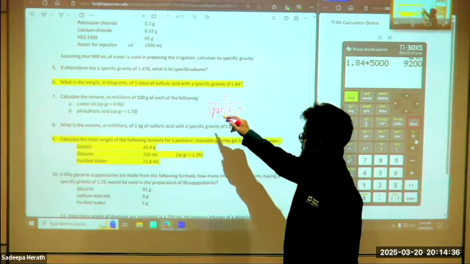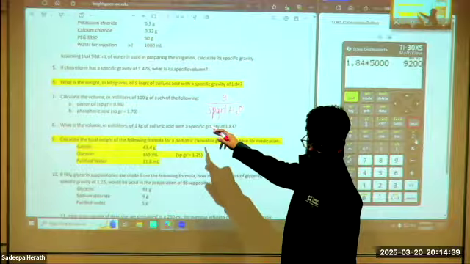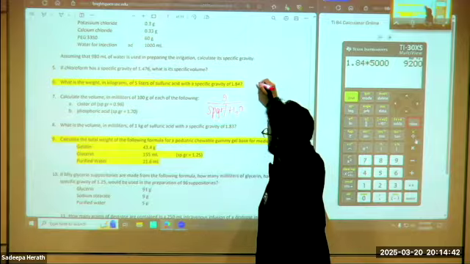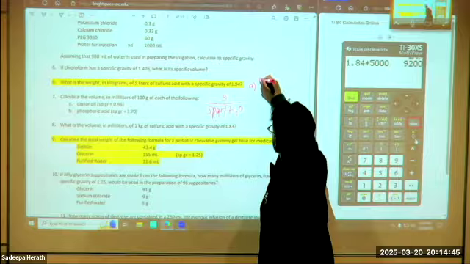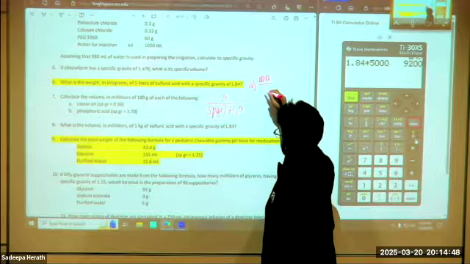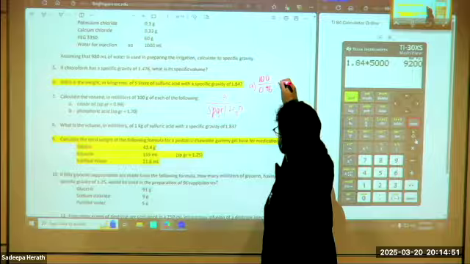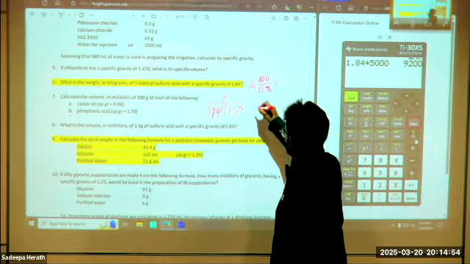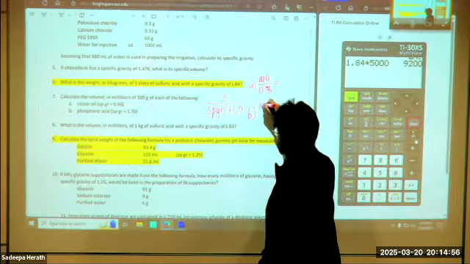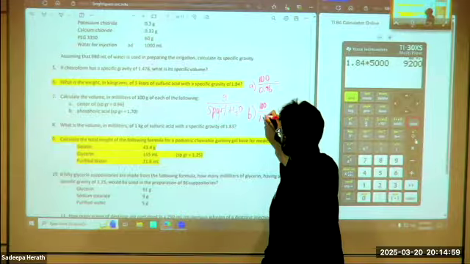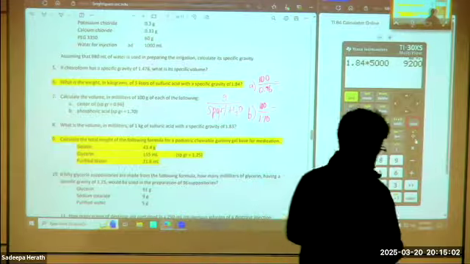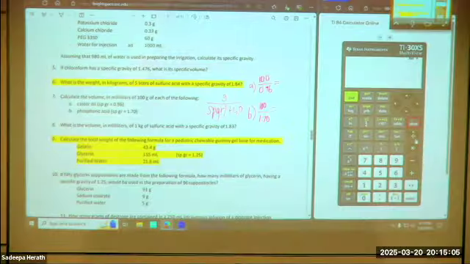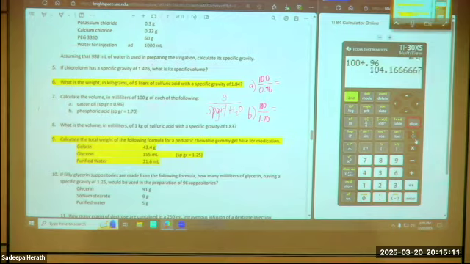Because grams divided by specific gravity, pretty easy, right? So for A, 100 divided by 0.96 equals, I'm just going to write this out for the other ones too. 100 divided by 1.70 equals that.